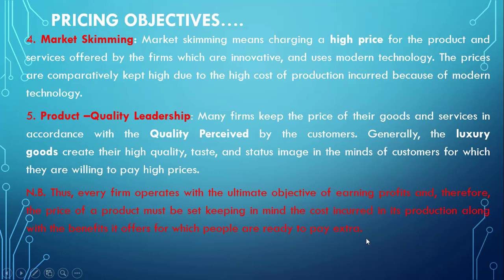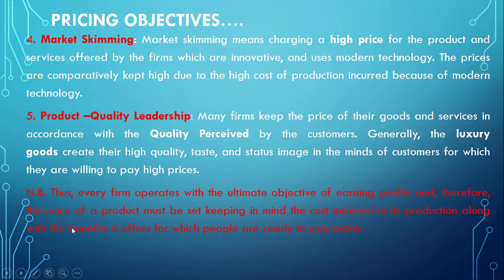Meaning, whenever you think of developing your pricing strategies, whenever you think of determining the price, you need to think about the cost of production. The cost of production includes the fixed costs and the variable costs.